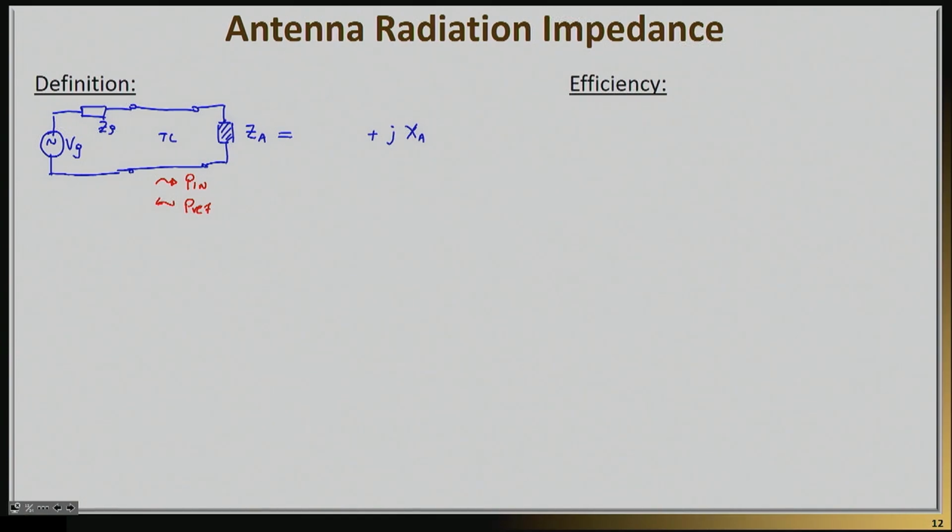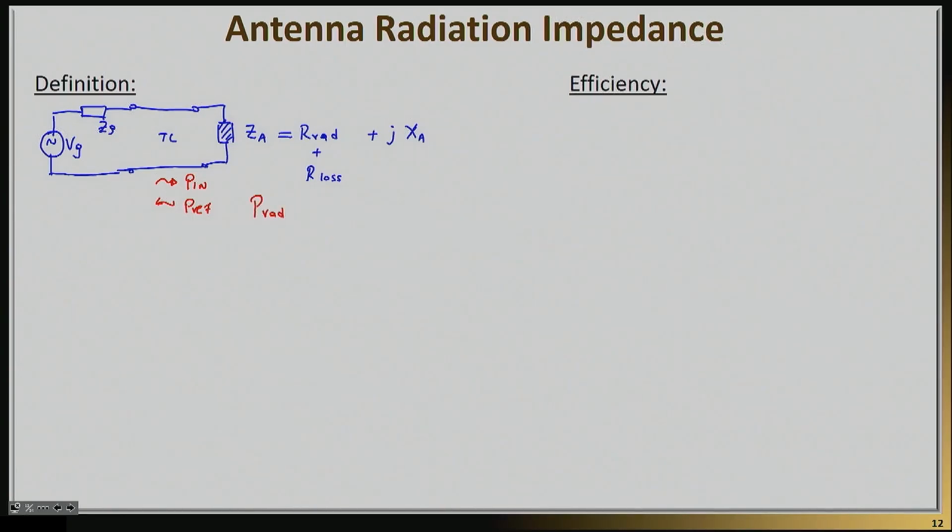Now, how does this antenna consume power? It may actually radiate it. So there is some part of the real part that we will call the radiation resistance. And then there's going to be some part that will be lost, which I will call the loss resistance. So by writing the antenna impedance in this fashion, we can say that part of the power that goes to the antenna will actually be radiated.